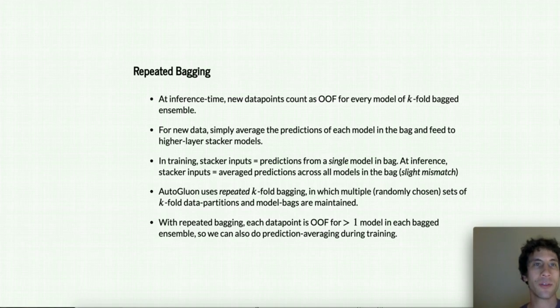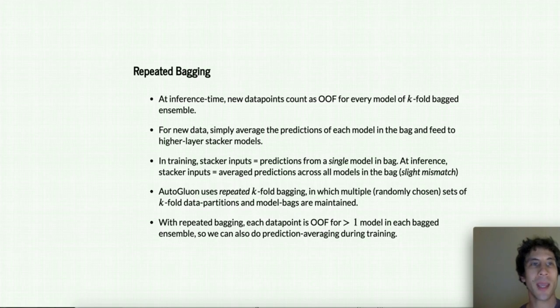However, there's a subtle train-test mismatch now, as the input features to stacker models are slightly noisier during training than during inference. This is because during training, stacker inputs are predictions from just a single model in the bag, whereas during inference, stacker inputs are predictions averaged across all models in the bag. To mitigate this mismatch, we'd like to do some sort of averaging of predictions during training as well.